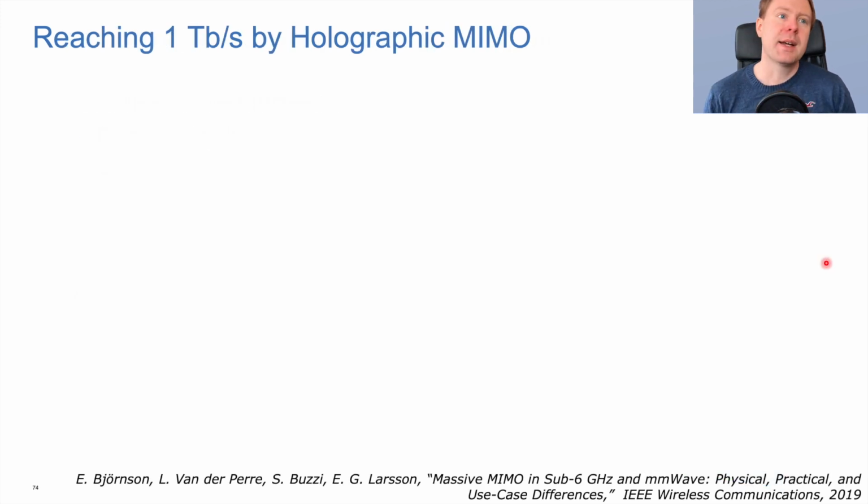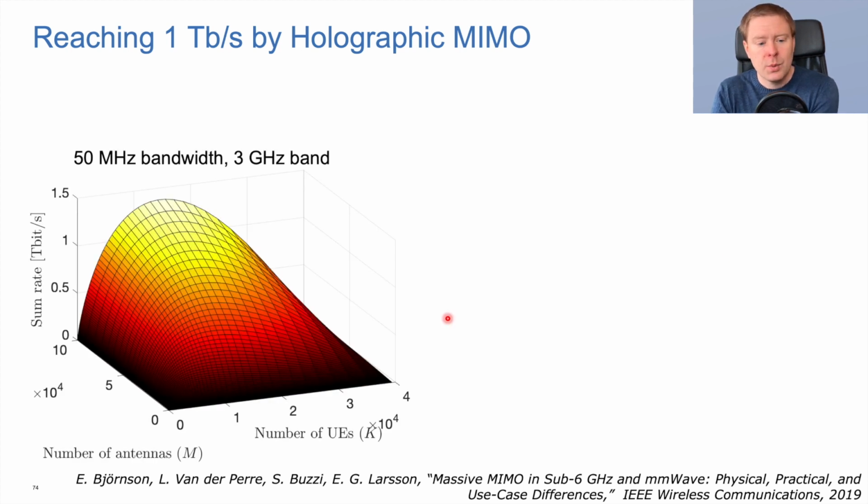So to say that we would like to reach 1 terabit per second in the future using holographic MIMO technology, how can we do something like that? Well, say that we have 50 megahertz of bandwidth, which is not very much, but it's in the 3 gigahertz band. That's a realistic number that we can get.